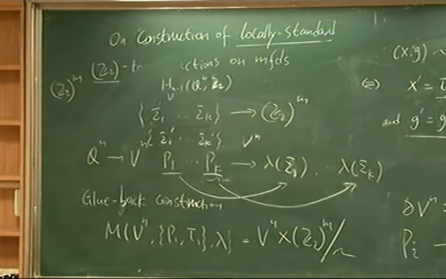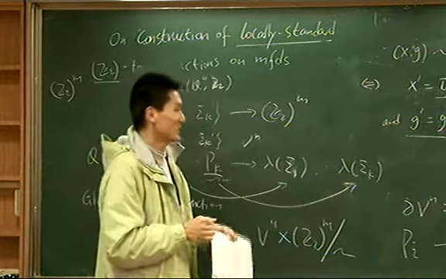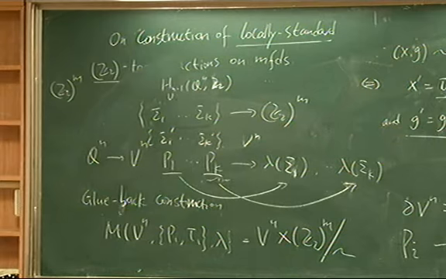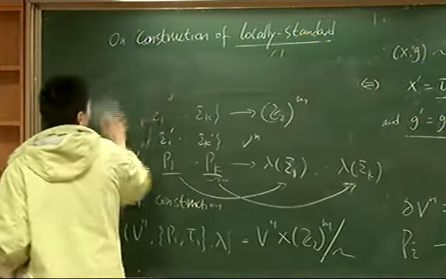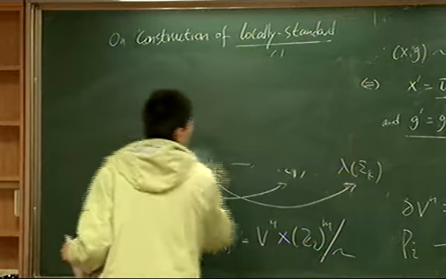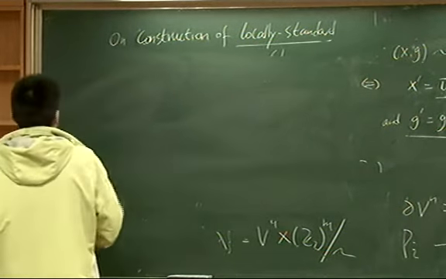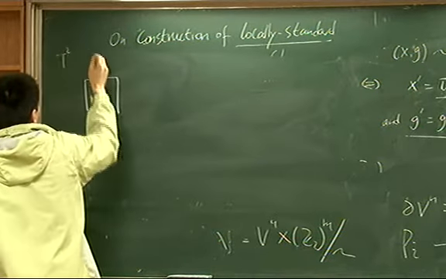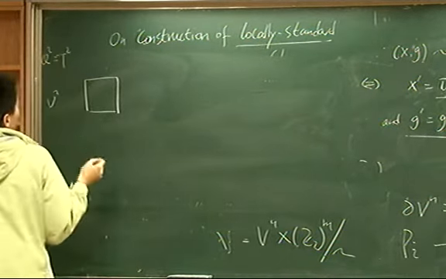But in many cases, we can choose some very easy ones. So let me give you some easy examples. Suppose this is T2, Q2 equals T2, and this is a Z2 core.